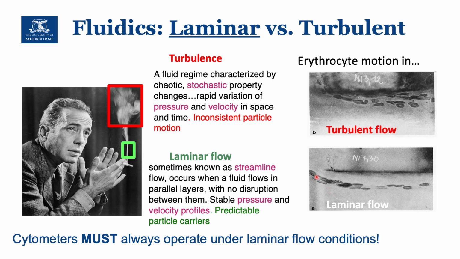That means that when you inject particles in a buffer like, I don't know, PBS, they will remain in that PBS compartment and they will be constricted and carried by the sheath flow, as I'm showing you in this slide. The most important thing out of this slide is that the only way cytometers can guarantee this consistency in terms of measurement is if laminar flow is in place.